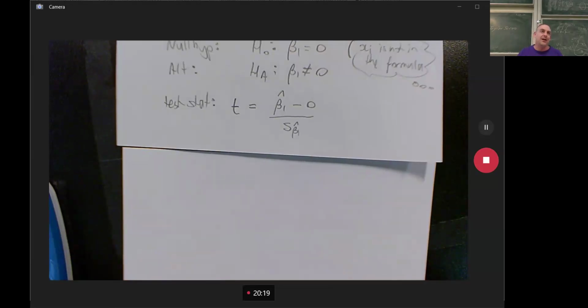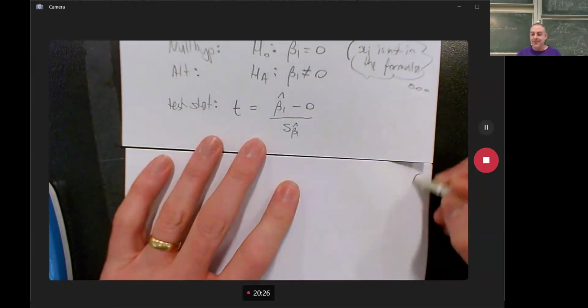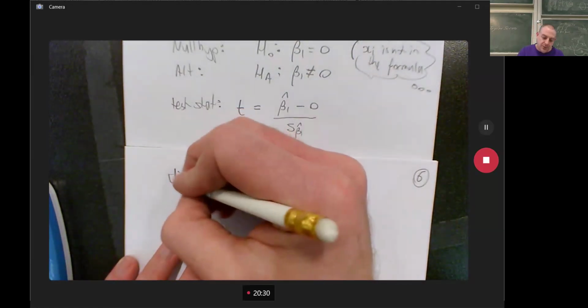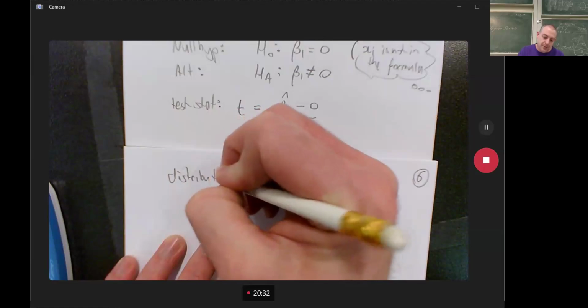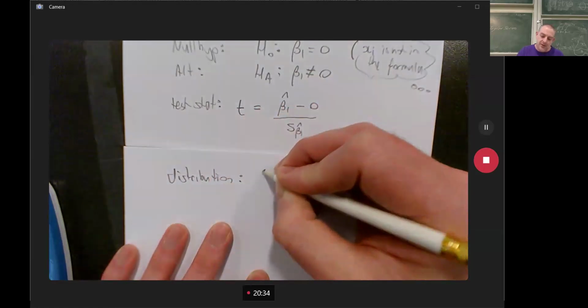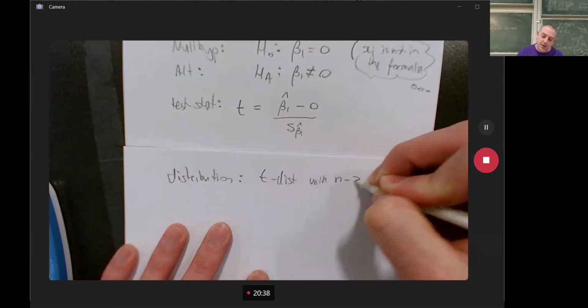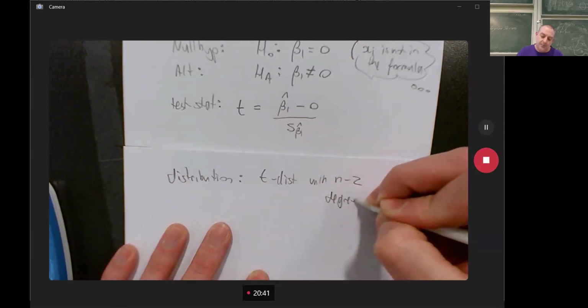Or it's the other way around, they called it t and then they went, we need a name for this distribution, let's call it t, because they only use it for t-statistics. So the distribution is a t-distribution with n-2 degrees of freedom.